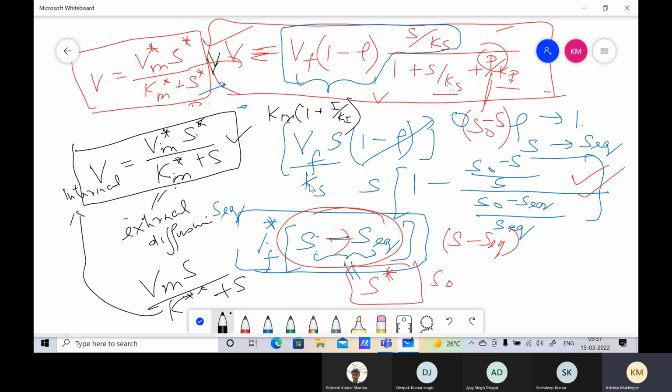So I want you to feel the point that I'm trying to make, that all these are reducible to the simplest versions, and that is what we are trying to do in our King-Altman. In King-Altman also, we are trying to get the simplest form of the equation. For internal diffusion, velocity is measured against substrate concentration. This is the plot that we get, and from this plot we can find out Km star.